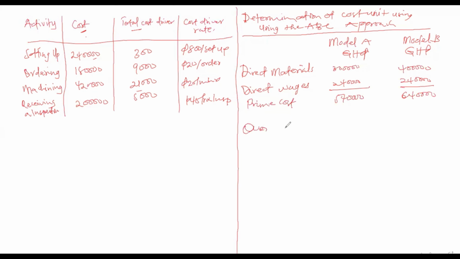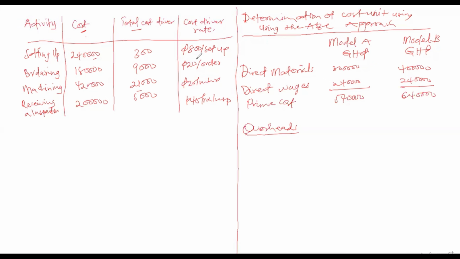So when we come to our overheads, we are going to multiply the rate by the number of each activity of the product. When we come to setup, the number of setups for model A is 200. We are going to multiply the 200 by this 800. That is the cost per setup. So every setup, you have to pay 800 cedis.